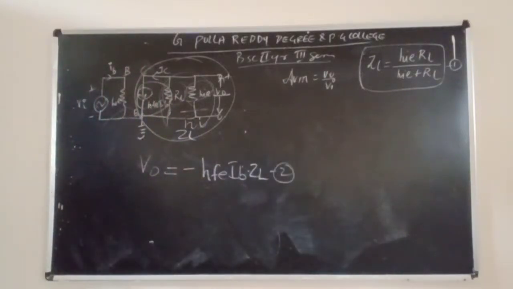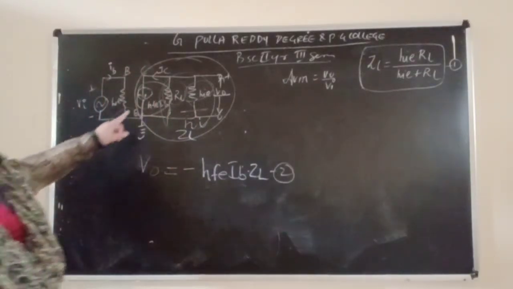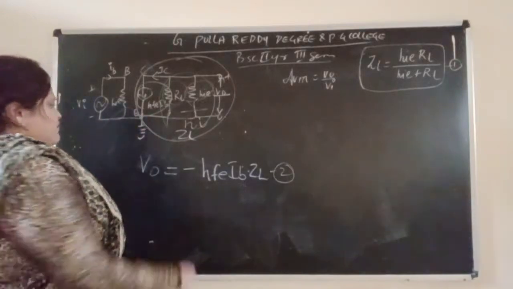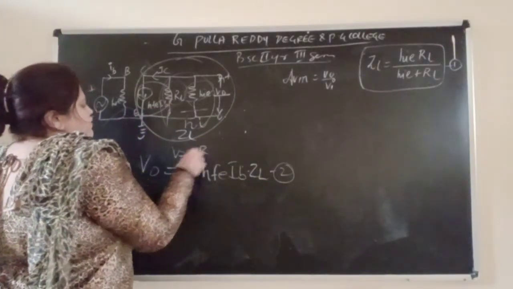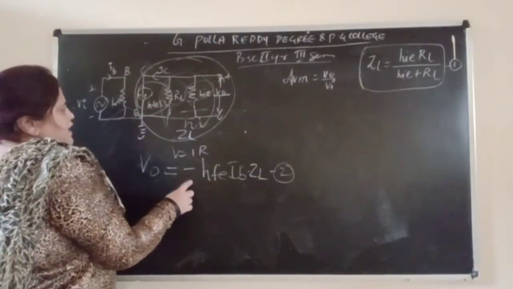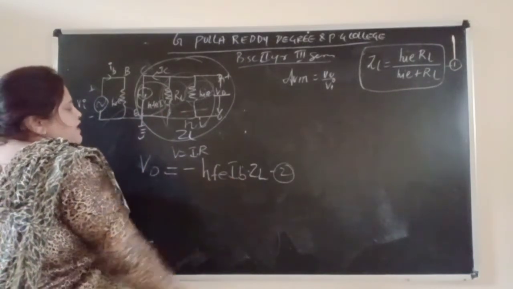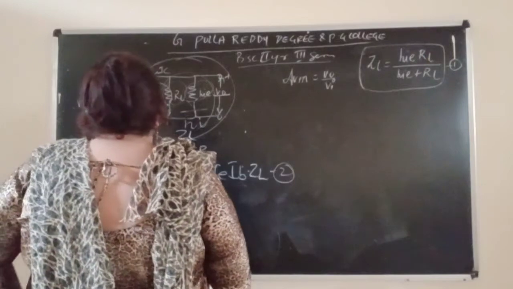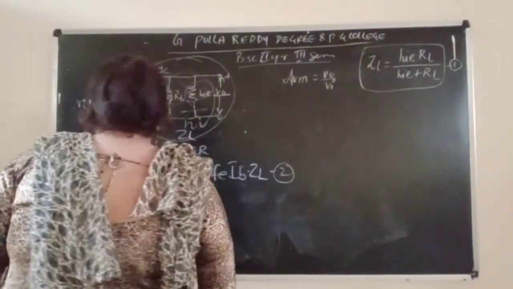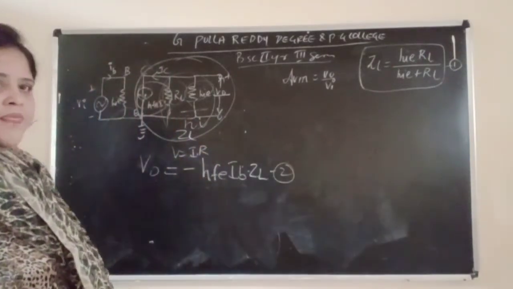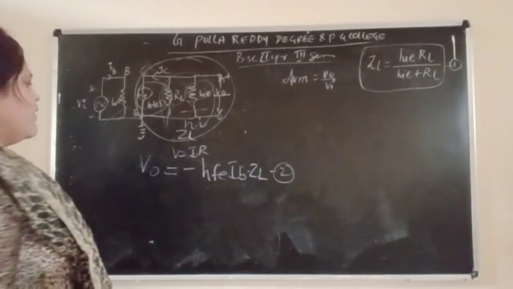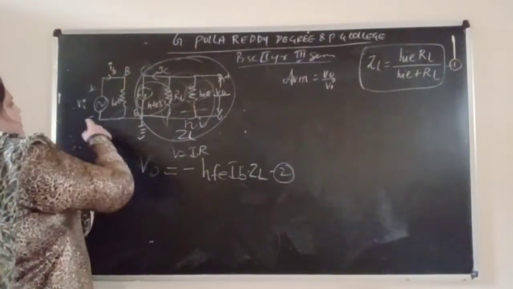Okay, output is ready now. Here ZL means the total effective resistance of the circuit. Next, we should calculate the input.